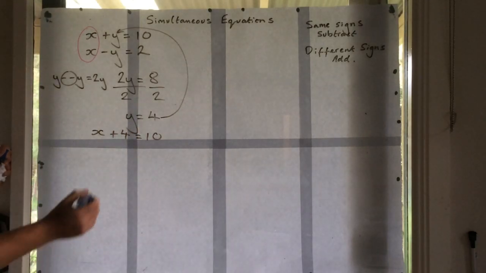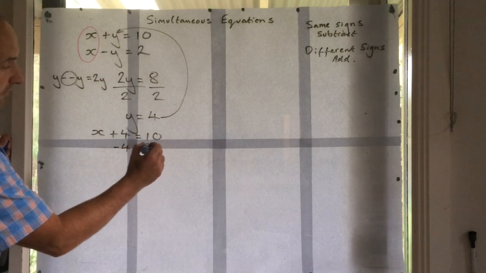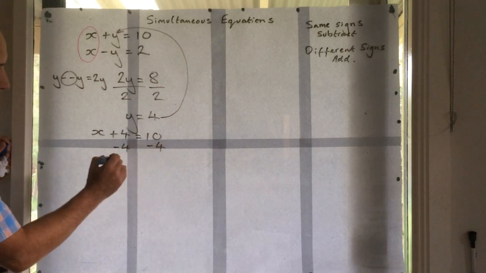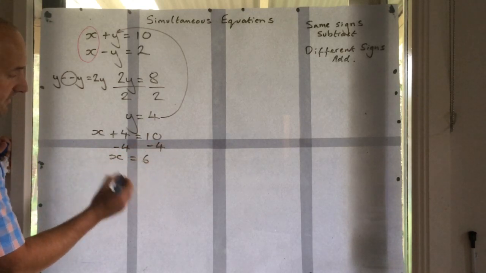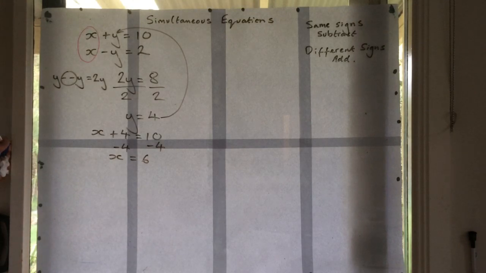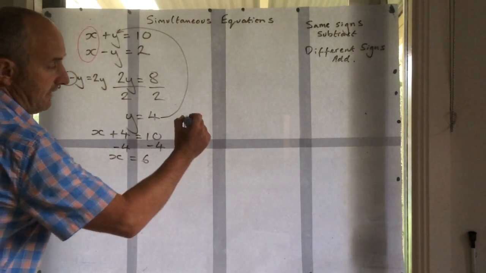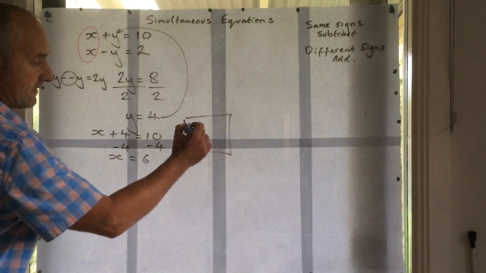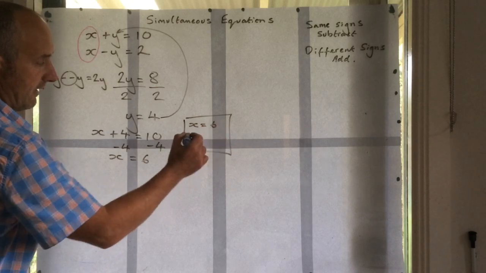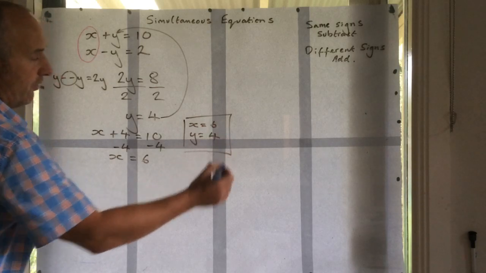I'm going to solve this equation now. I'm going to minus 4 from here, minus 4 from there, so I'm left with x equals 6. Great, I think I've solved my simultaneous equation. So x equals 6 and y equals 4.